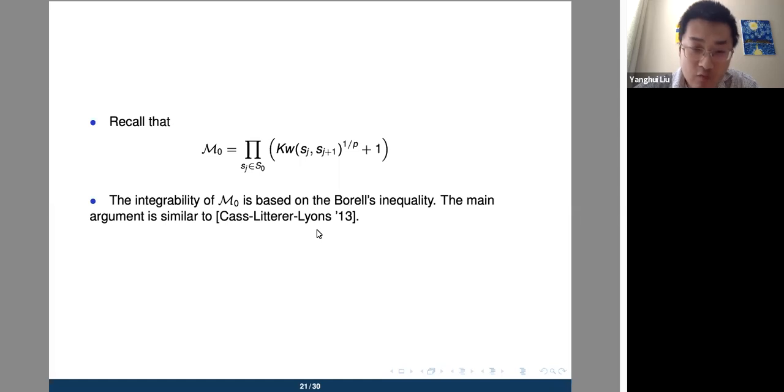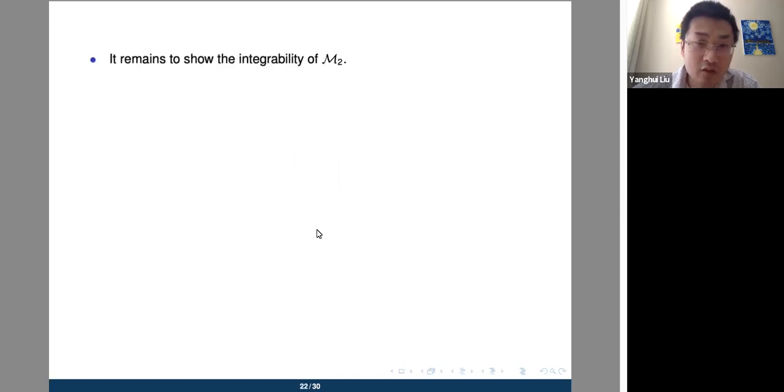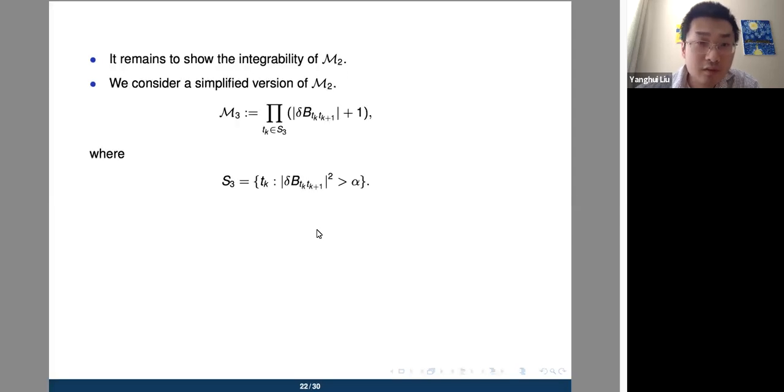In our case, the driving process is the Brownian motion couple, so we have many new troubles there, but I will not get into details. What I'm going to do is focus on the integrability for M2, and I will consider a simplified version of M2. It is simplified, but the proof is almost identical to that of M2.